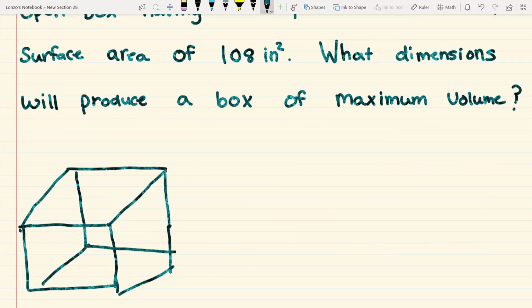But okay, so let's pretend the base is a square, so that means all sides are the same. And we don't really count this side because it's an open box, right? So what do we know about squares? Square bases, they're all the same. So this length is equal to this length is equal to that length.